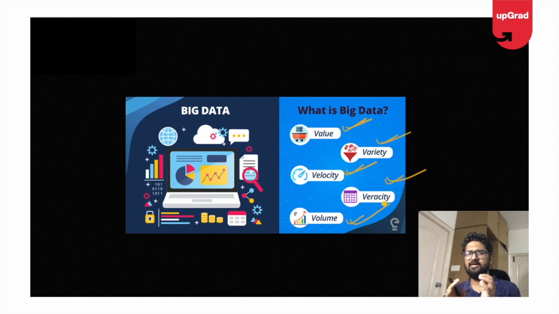A data is said to be big if after analyzing it, it can bring lots of value for you, right? Data which doesn't bring any value doesn't hold any importance. There's no point in spending so much effort, money and time on storing the data if it will not bring any value. When we talk about big data, we talk about so much data collected over a period of time, maybe from IoT devices, maybe from user activities on different websites.